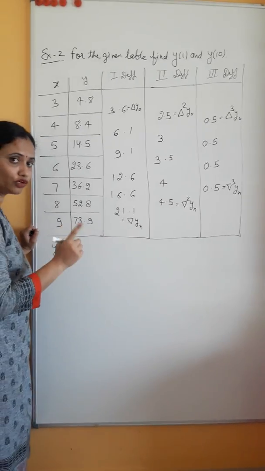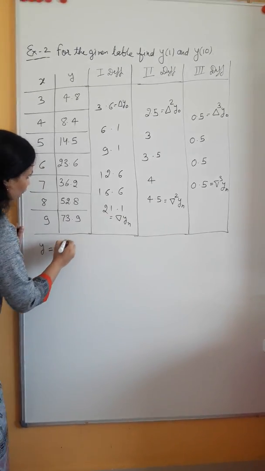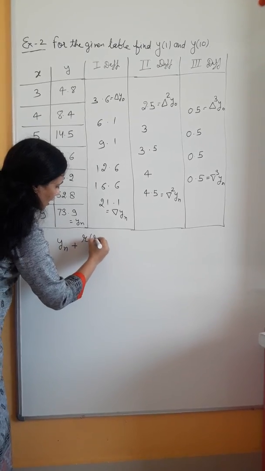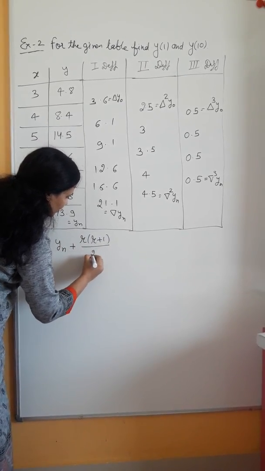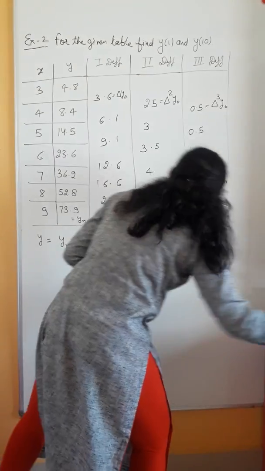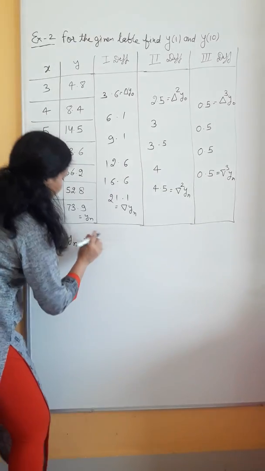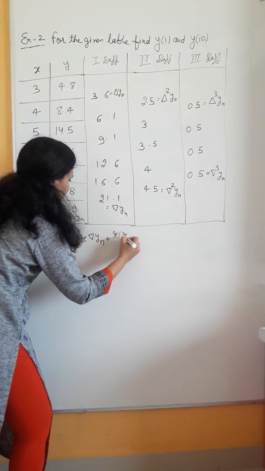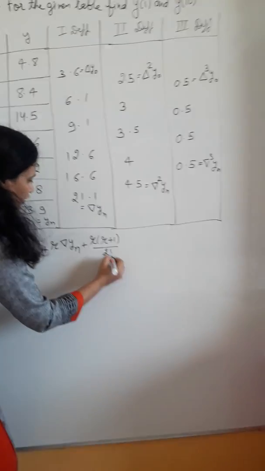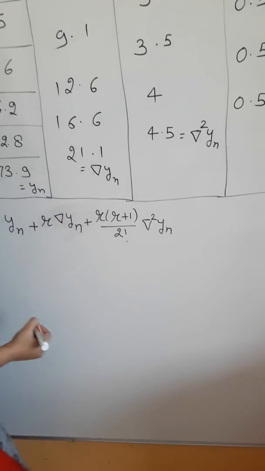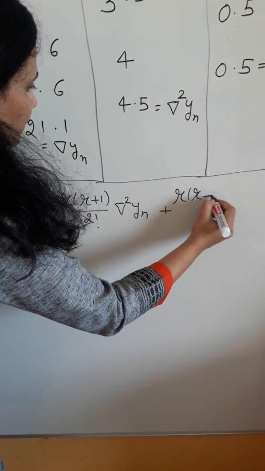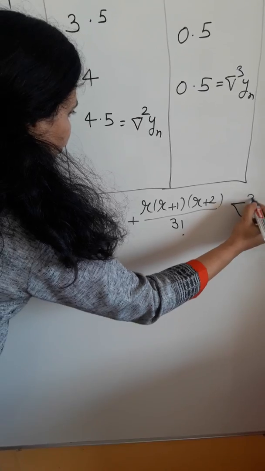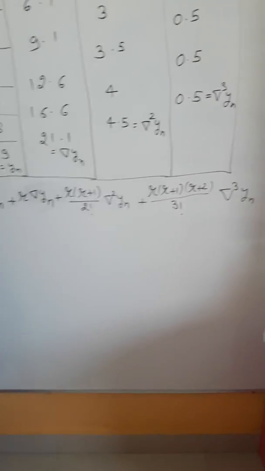Remember the relation: we start with the last value, yn, plus r nabla yn, plus r(r+1) by factorial 2 nabla square yn, then r(r+1)(r+2) by factorial 3 nabla cube yn. We write only up to here as our table has terminated.